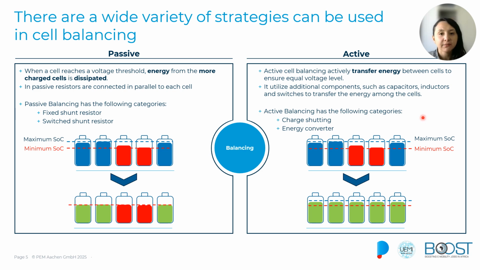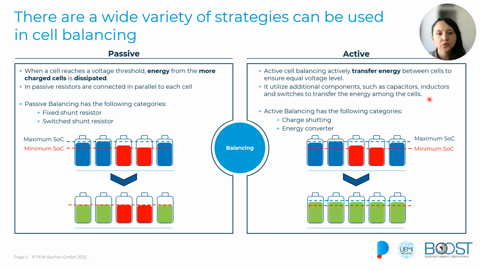In active balancing, what we do is redistribute the excess energy from those cells that have a higher state of charge to the ones that have a lower state of charge. In this case, rather than dissipating the excess energy as heat, we will be transferring it from one cell to another.